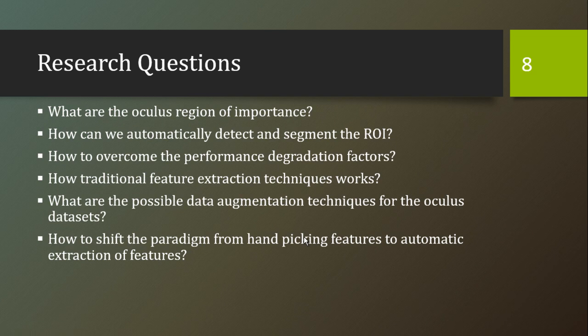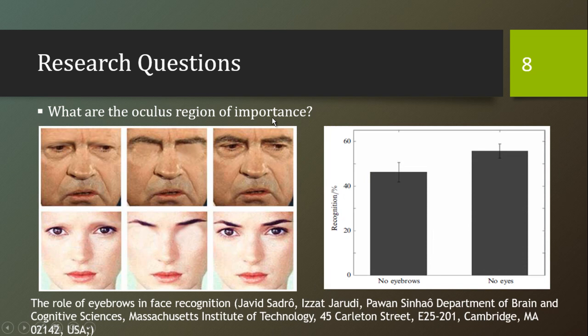These are the research questions which I posed before carrying out the study. First, the question which I have taken is what are the oculus regions of importance. There was a subjective experiment performed at MIT where pictures were provided to a certain group of people. Pictures were provided with subtle variation in periocular biometrics, with eyebrows and without eyebrows, with eyes and without eyes.